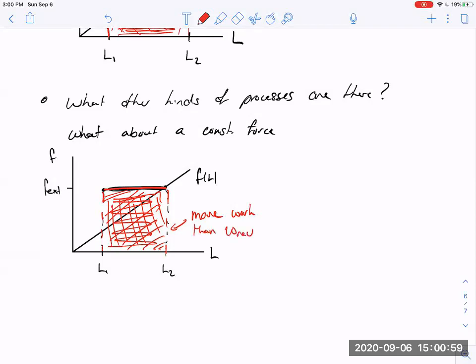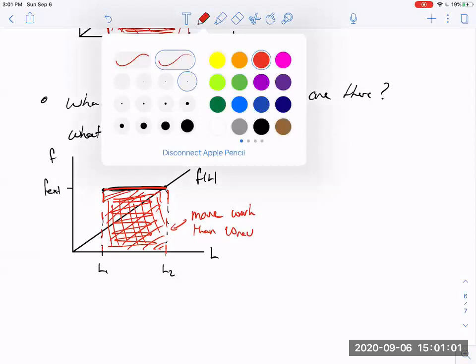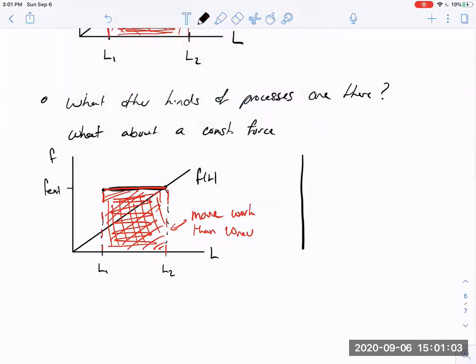Okay, well, some of you are clever. You might be saying, well, hold up. What if I apply a different constant force? I can imagine choosing an external force, say one down here.